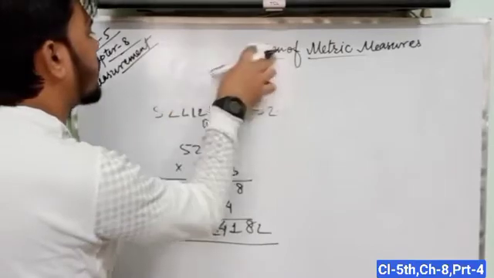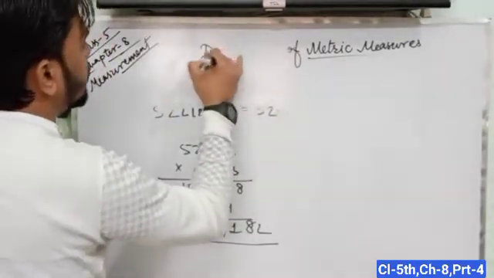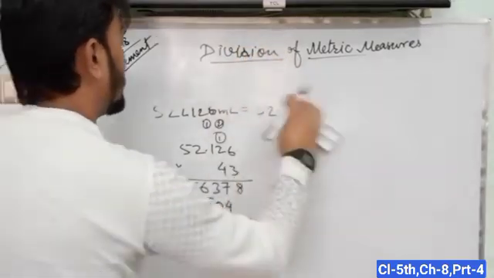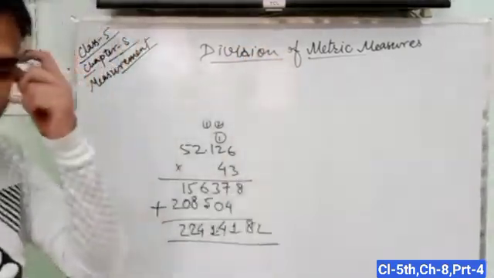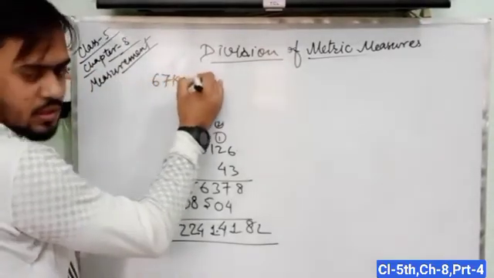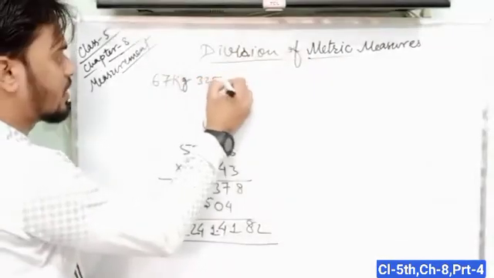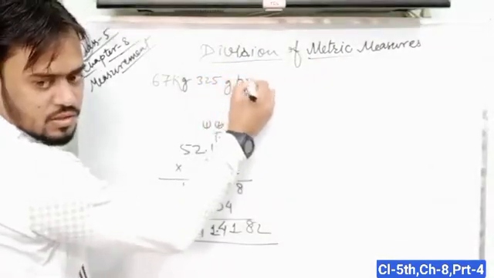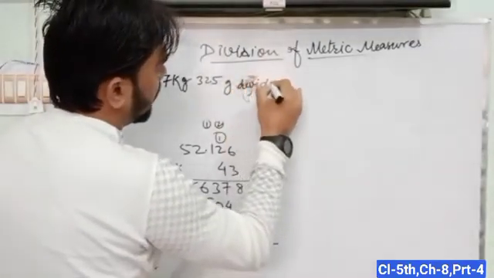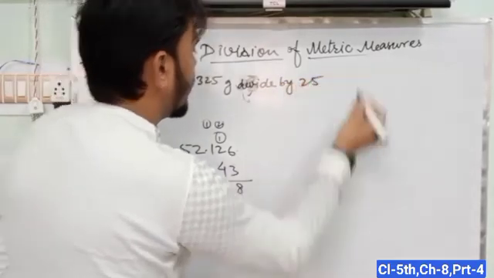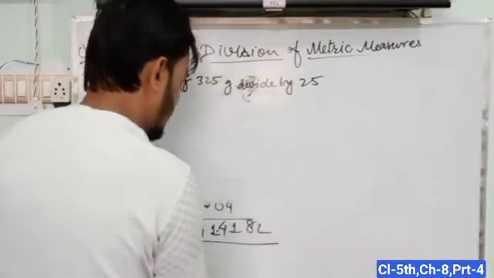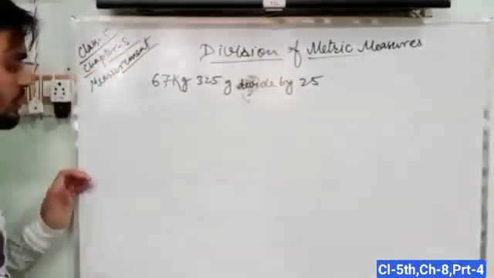Next, we are going to learn division of metric measures, and we have a question here. 67 kg 325 gram divided by 25. Division is also similar to your normal division, so you have to follow the normal division method.